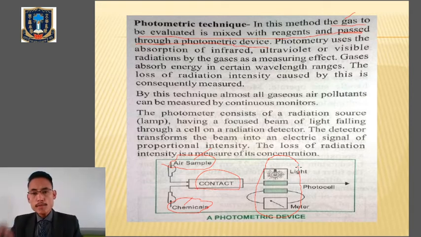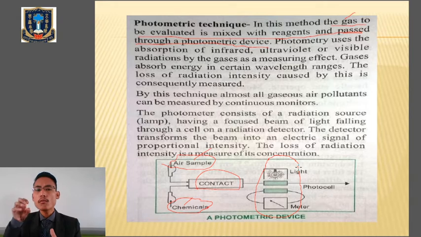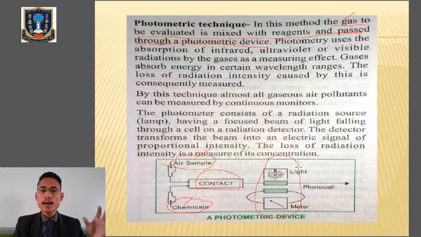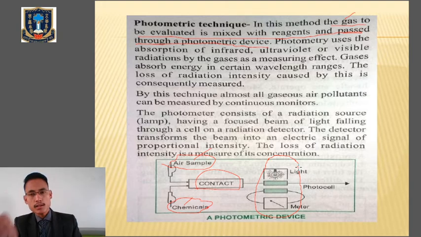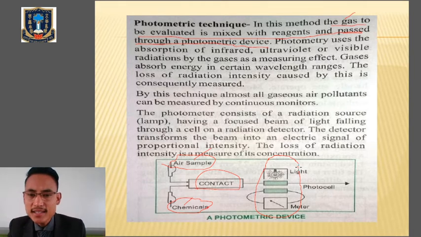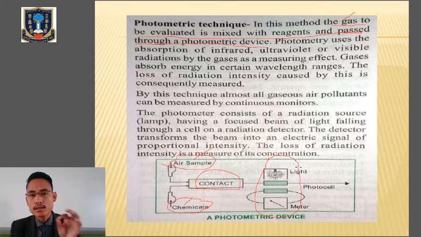Now these photometric devices, or the photometry, uses the absorption of ultraviolet or infrared radiations by the gases, because the gases will absorb this energy at a particular wavelength. Clear? Now the loss of radiation intensity by these gases will be measured continuously.